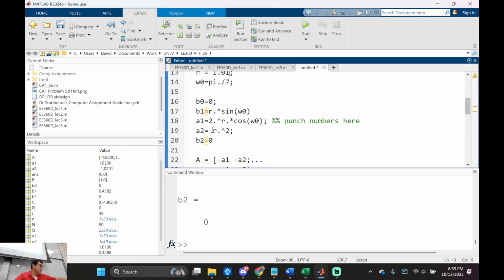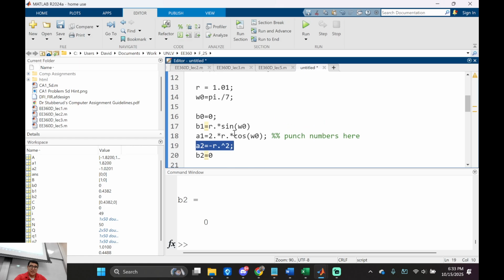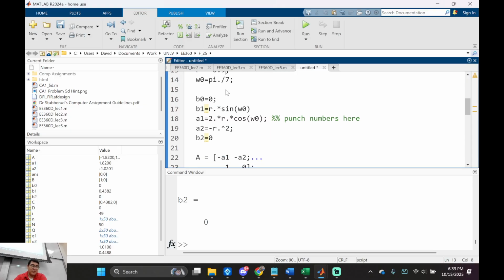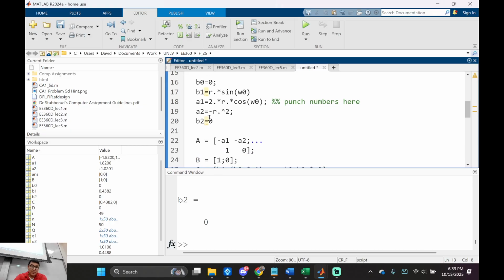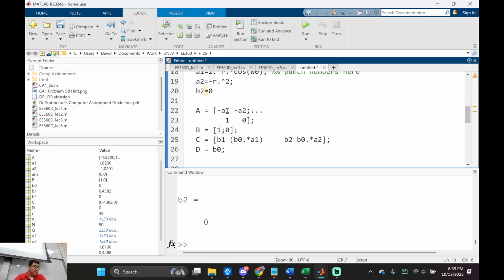We're almost there. There's a sign somewhere. B0 is this. This is R sine omega naught. This is 2 times R, R squared. This right here is 0.99. Yeah, whatever. B1, B2, A1, A2. I probably messed something somewhere.